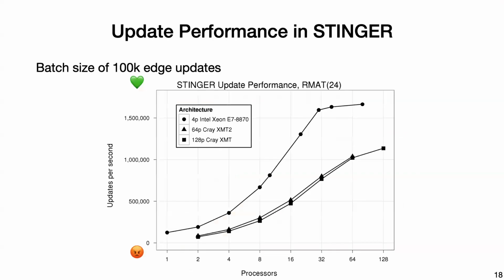And these are the plots that they had in their paper. They are adding a bunch of edges in batches of 100K at a time. And they have these 3 different machines, Intel Xeon, Cray XMT2, and Cray XMT. The circle one is Intel Xeon. Y-axis is updates per second, up is good. X-axis is number of processors.